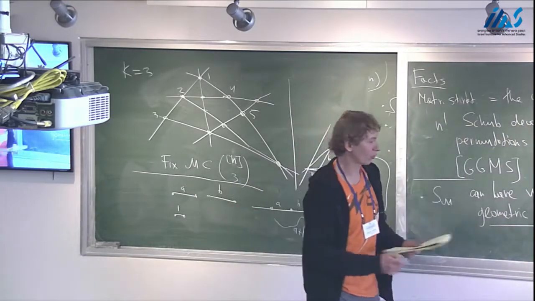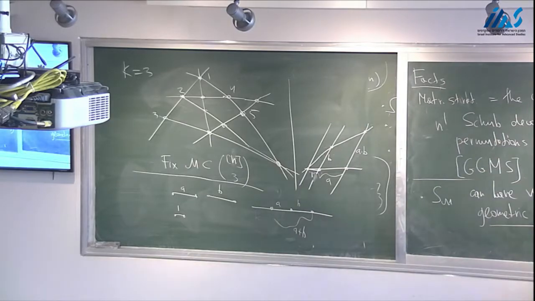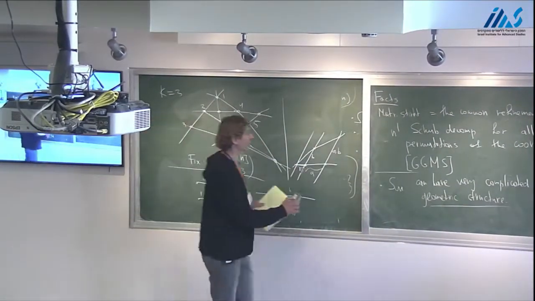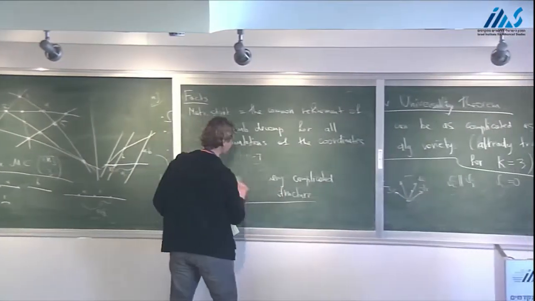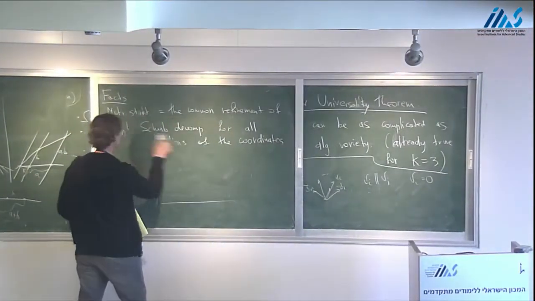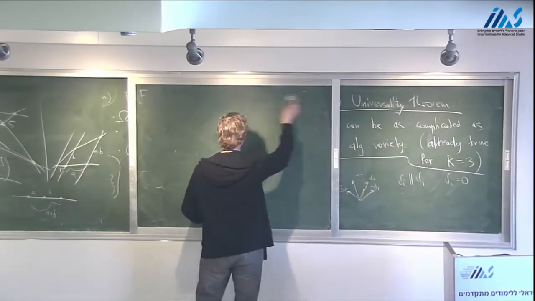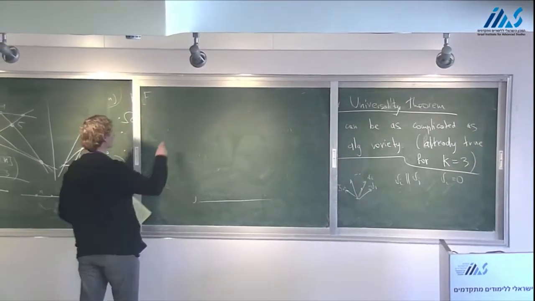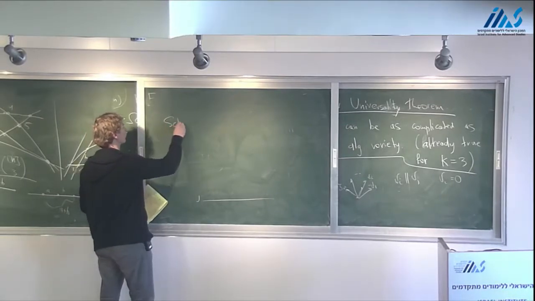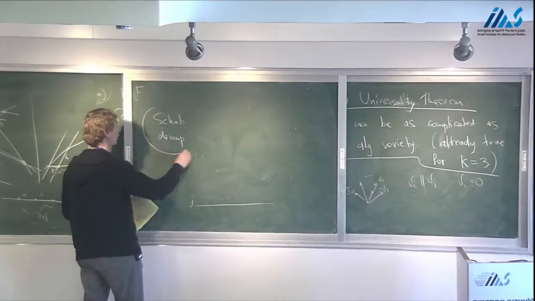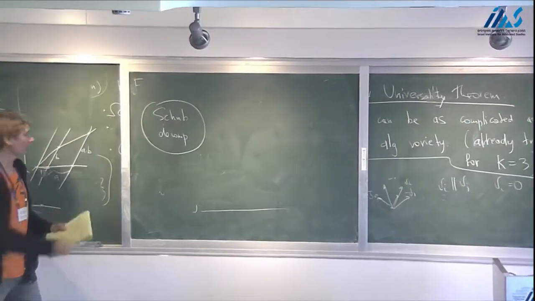Okay, now let me draw a big picture of what we have so far. You have this nice and simple Schubert decomposition that leads to all the classical combinatorics of Young tableau. And you know a lot about Schubert decomposition, so it's nice.